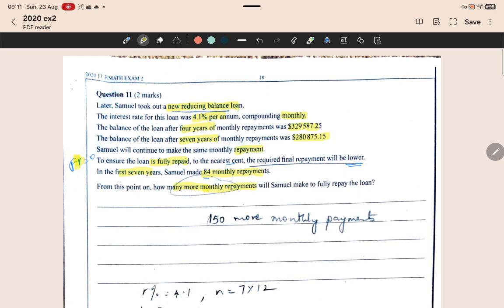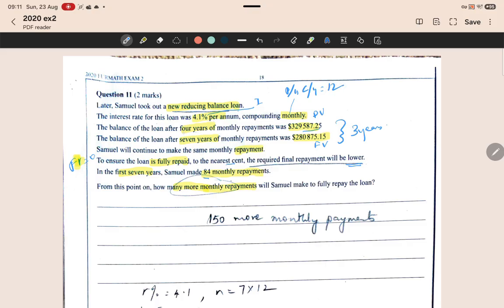Now, in this question, you have to actually use this piece of information that's given. The difference between 4 and 7 years is 3 years. And if you take this to be your PV and this to be your FV and that to be your I, this to be your PYCY, 12, okay.